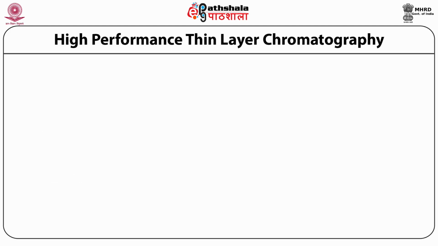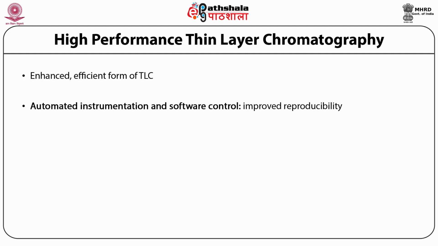One variant of thin layer chromatography, which has made it much more efficient and was initially standardized by a scientist at Merck, Germany, is called high performance thin layer chromatography. Now, this is an enhanced and efficient form of TLC by virtue of the smaller particle size that has been achieved for the sorbents that are coated on the plates, the automated instrumentation and the software controls that allow for improved reproducibility.